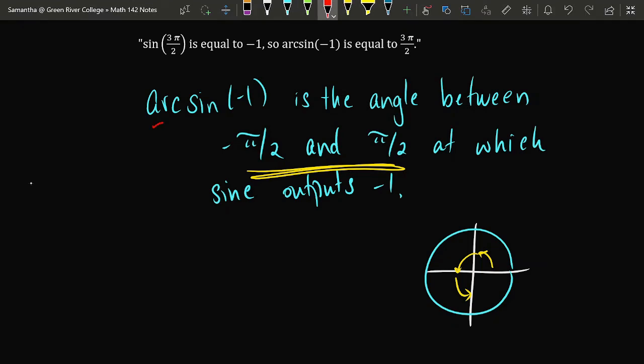Instead, if I wanted to determine the value of arcsine of -1, I would need to find an angle between -90 and +90 where sine outputs -1. So the answer to that question, arcsine's value, would be equal to -90 degrees itself, not +3 pi over 2.